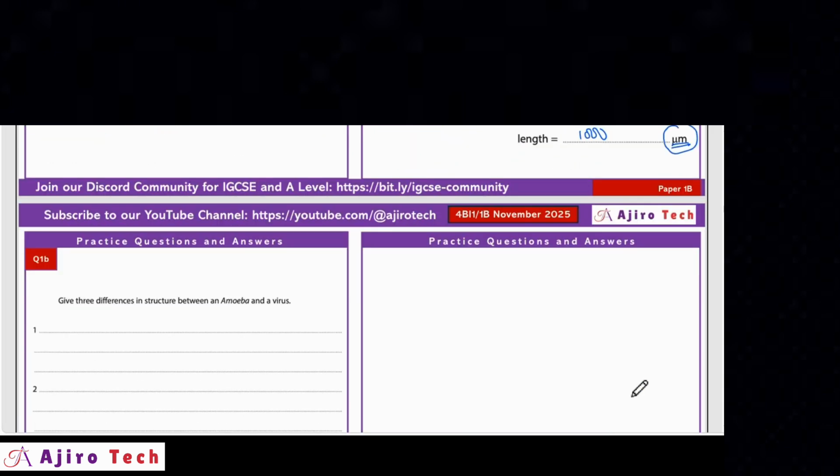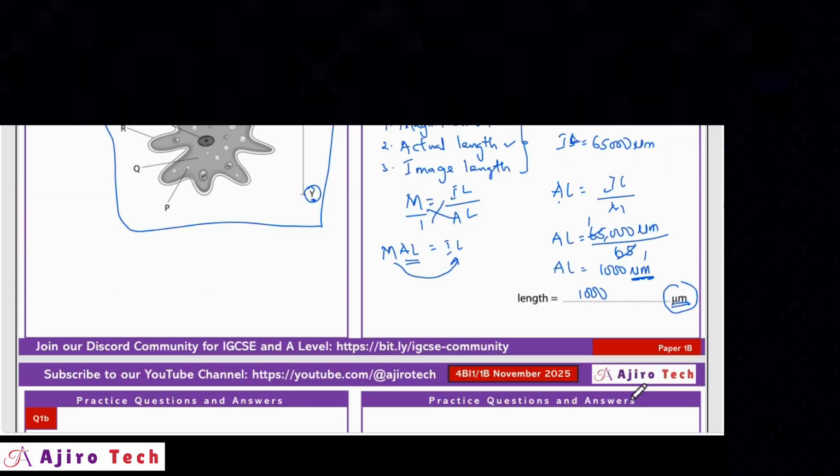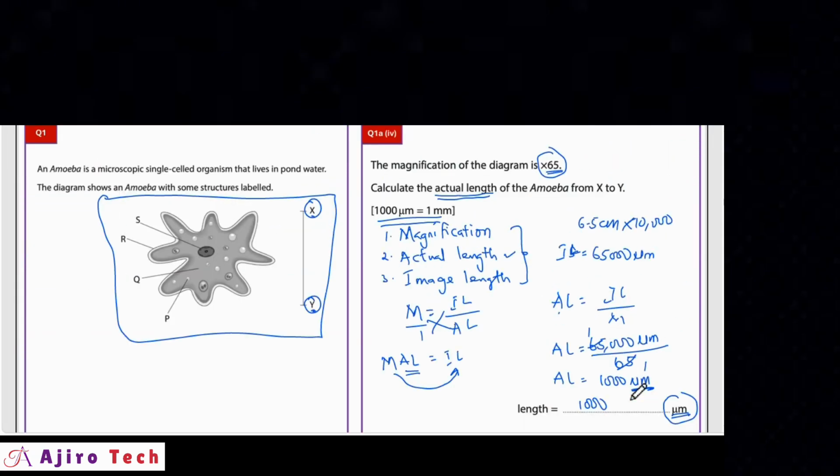So let's move to the next question. Give 3 differences in structure between amoeba and virus. Now let us look at the structure of amoeba here. We know that amoeba structure P is actually a ribosome. Viruses do not have ribosome.